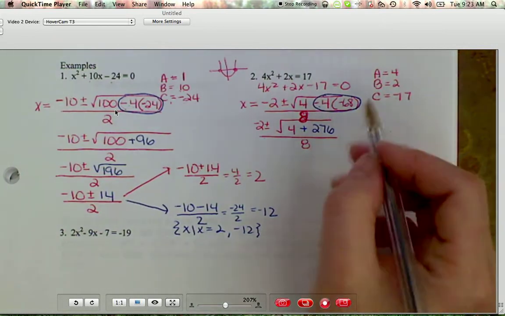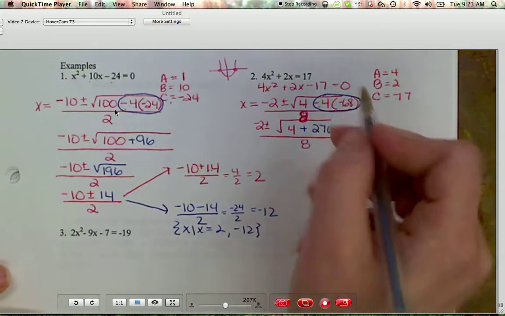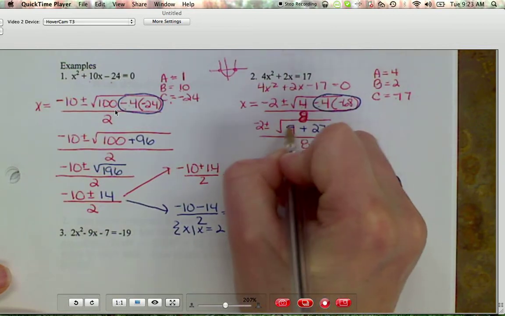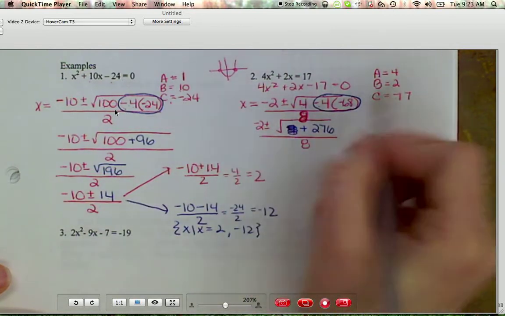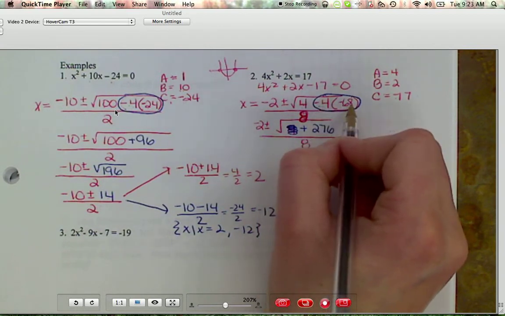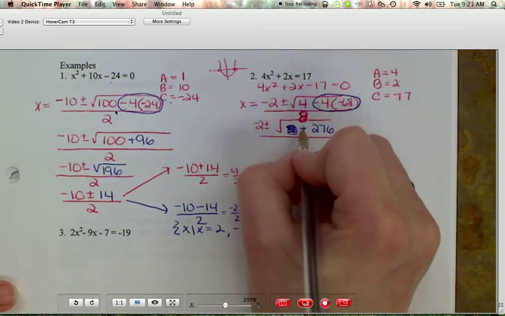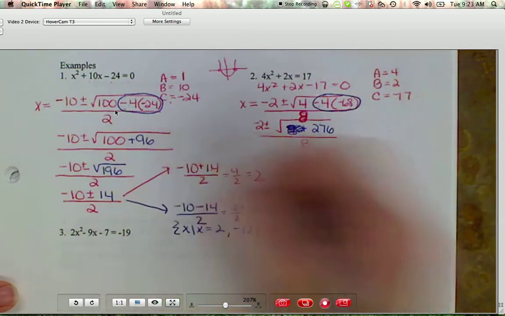I'm going to skip a step here. This plus 4 gives us 276. So this must have been 272, and then we added 4 to get 276. So if you would like to do that, skip the step, that's okay. That saved us a little room here.